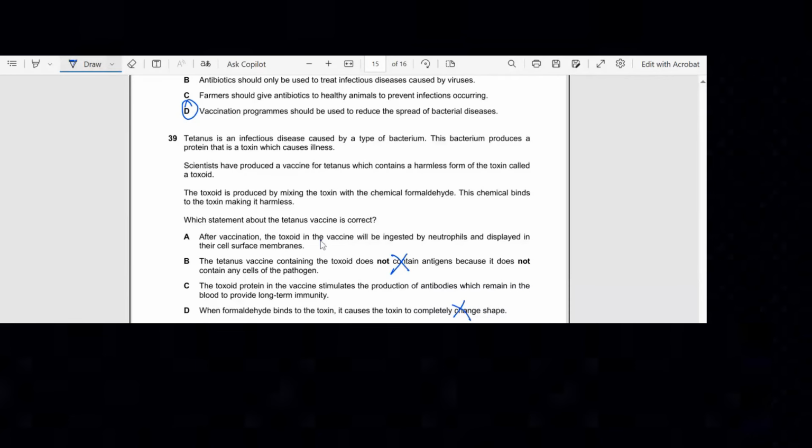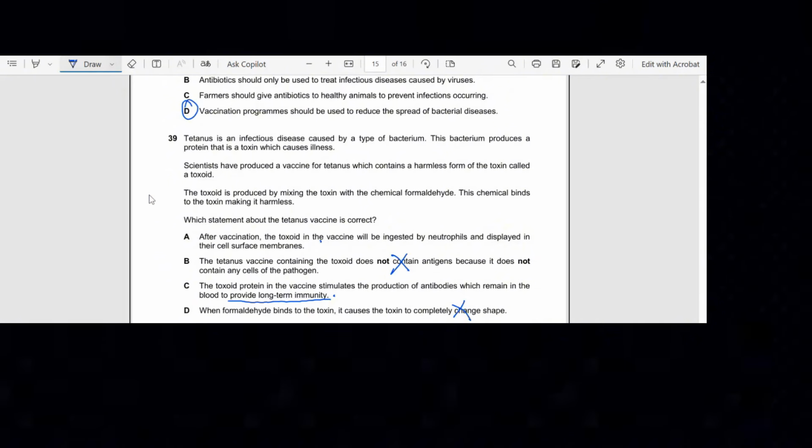Now, we can consider this or this. But when we consider the latter part, the toxoid protein in the vaccine stimulates the production of antibodies, yes, which remain in the blood to provide long-term immunity. Antibodies can eventually be destroyed. They don't stay.